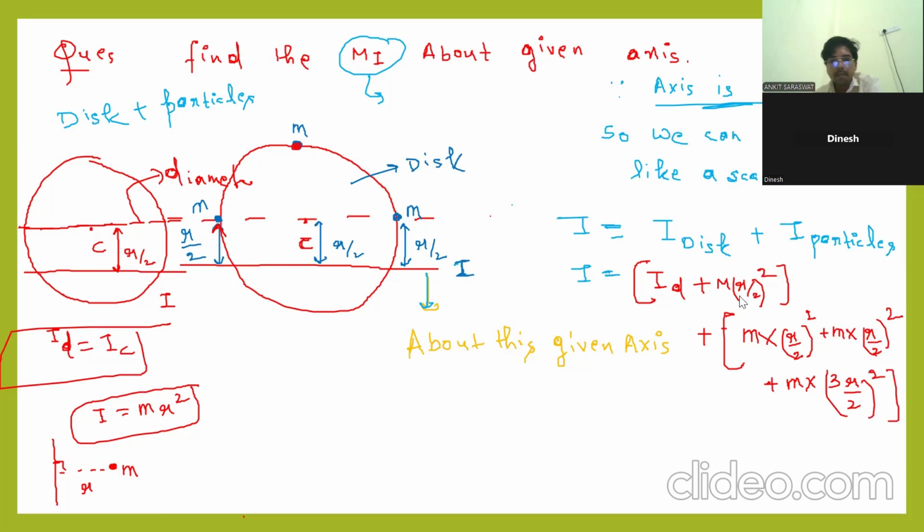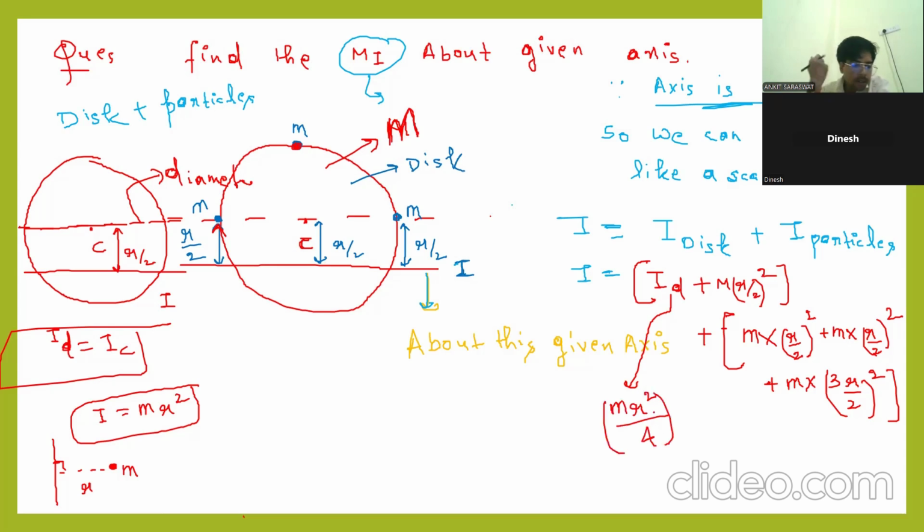Total. I_D is mr square by 4. The disk also has mass, capital M, or you can take small m, since symmetry is there. So mr square by 4.